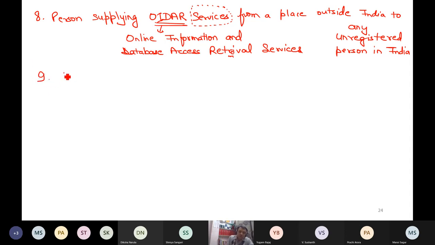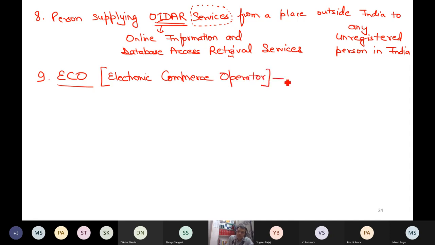Ninth point, electronic commerce operators, ECOs. Now there are different categories of ECOs. Within ECOs, there is point number 1.